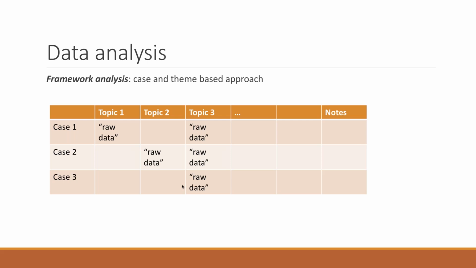And then in the cell, what you have is the actual raw data. And what charting in this way allows you to do is quite rapidly, if you're interested in understanding what everyone in your study, in your sample, let's say, has said in relation to topic 1, you can look down this column and actually tease out what the main findings are.